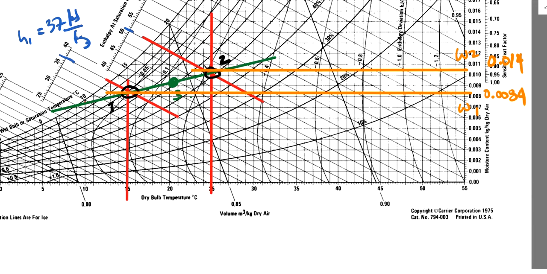Right, so for the flow rate, this is maybe around 0.86 for the mass flow rate. And right here, this is maybe 0.825.